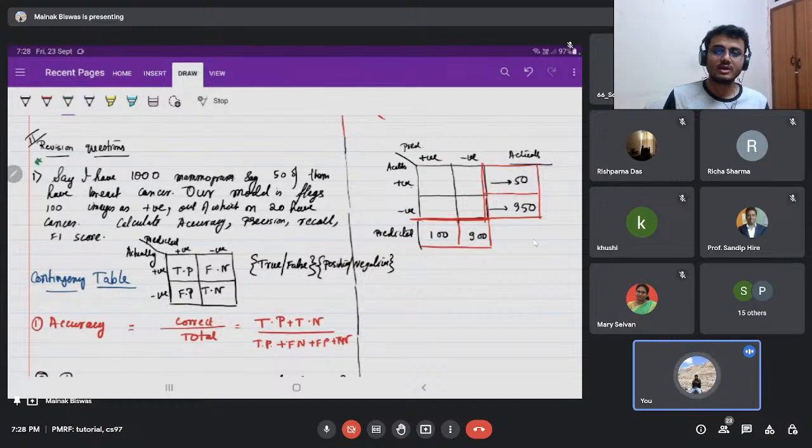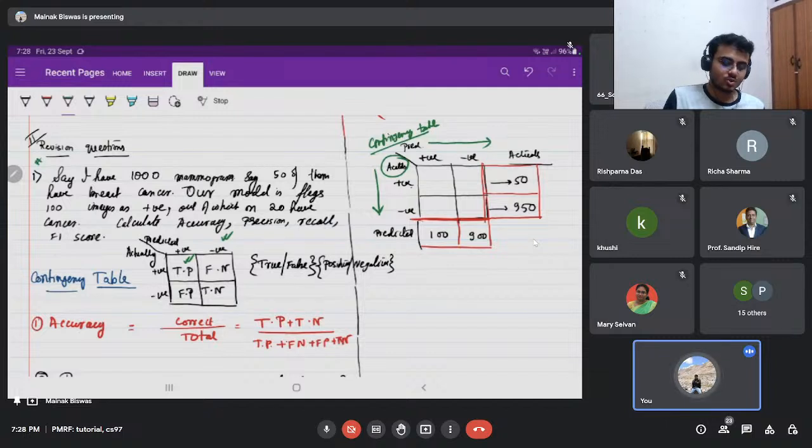This is known as the contingency table. You will be told to build the contingency table and find out precision, recall, and stuff like that. What does it say? I have 1000 mammograms. Say 50 of them have breast cancer. Our model flags 100 of them as positive. I have put the actual labeling along the rows and the predicted labeling along the columns. This is the sample contingency table. If your prediction is correct and it's actually positive, it is known as a true positive.